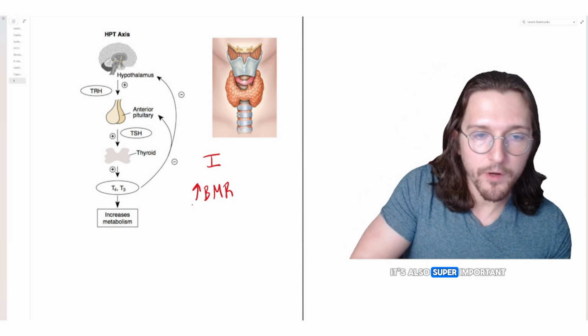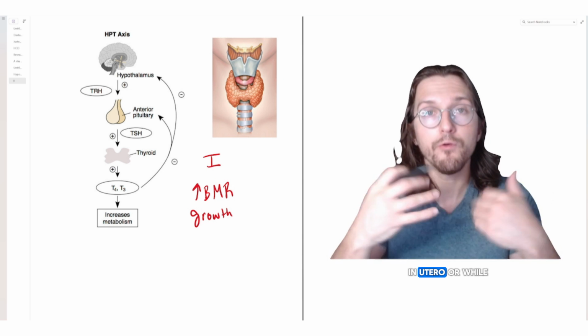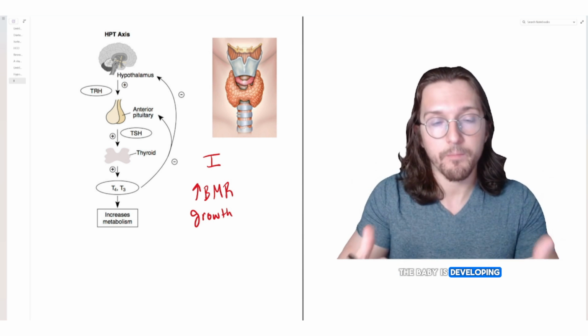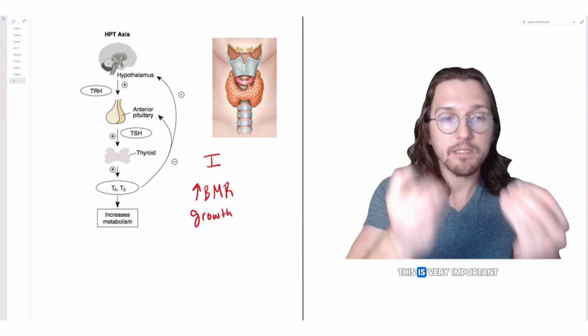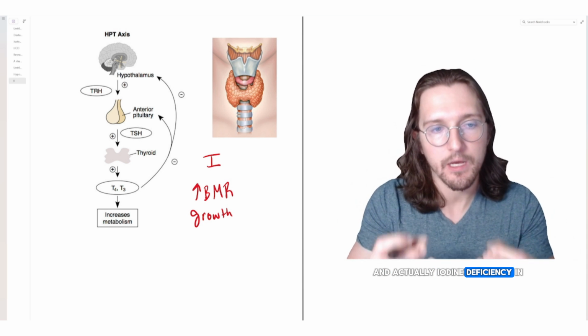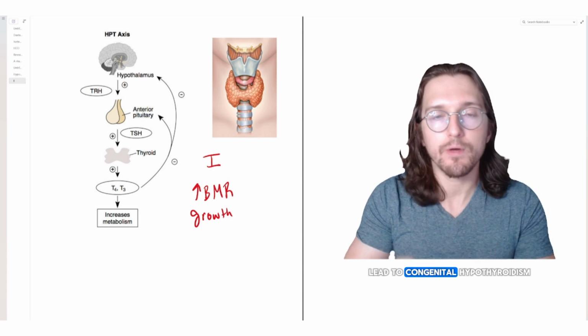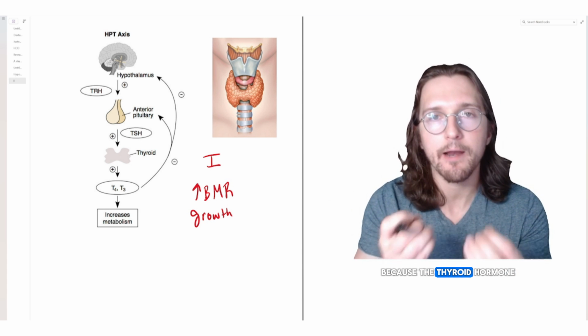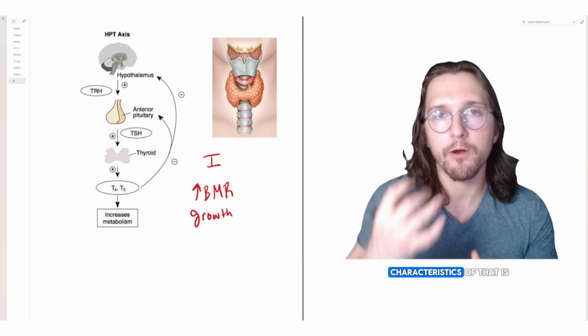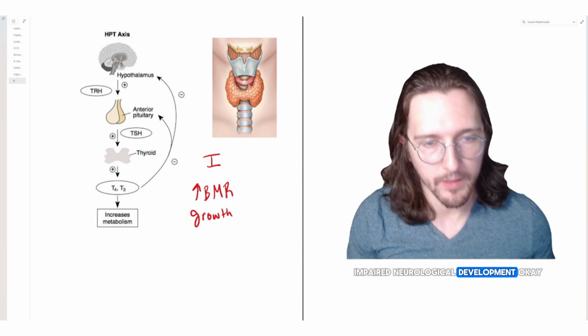It's also super important for growth. So first of all, in utero, or while the baby is developing as a fetus, this is very important for the development of the nervous system. And actually, iodine deficiency during pregnancy can lead to congenital hypothyroidism because the thyroid hormone is not being produced, and one of the characteristics of that is impaired neurological development.